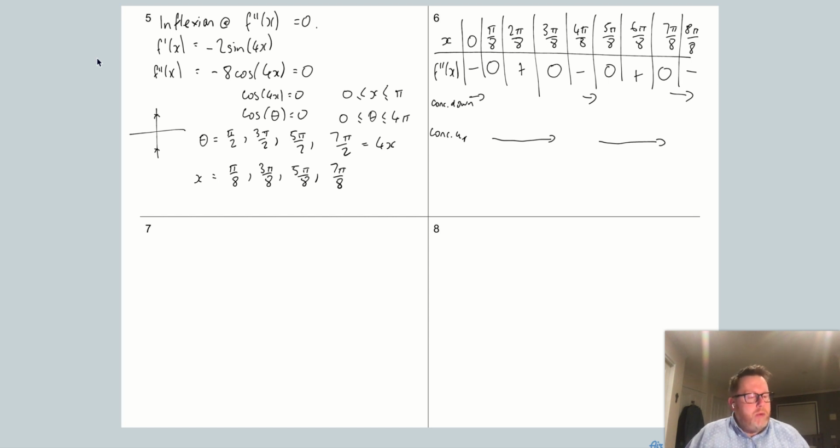If we had done that, we would have found that at some of the turning points, f double dash of x would have been negative, which would mean that they are a maximum, because they're concave down at that point. And for the other turning points, f double dash of x would have been a positive number, which means they're a minimum because they are concave up. So that's just another table of values that you can figure out from there.